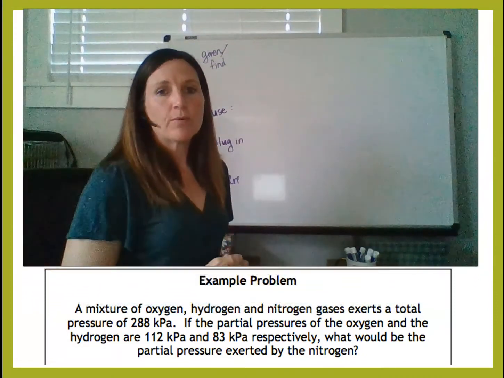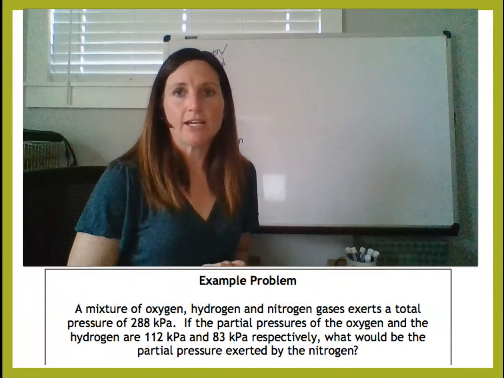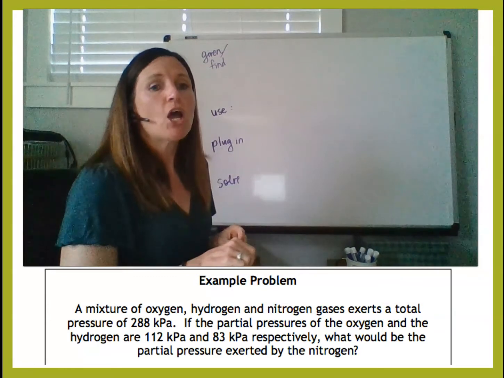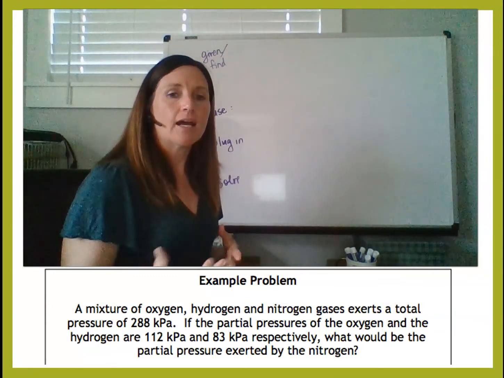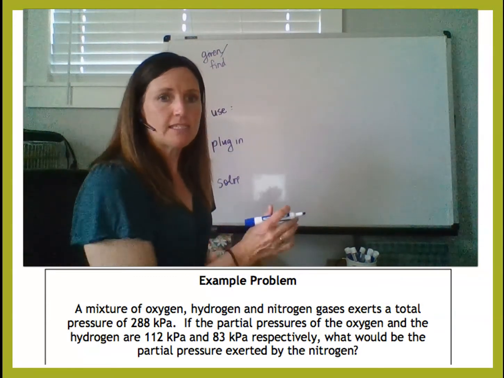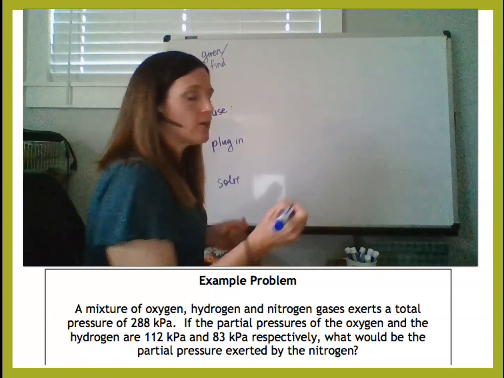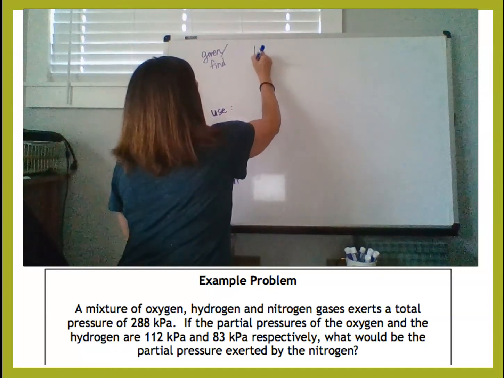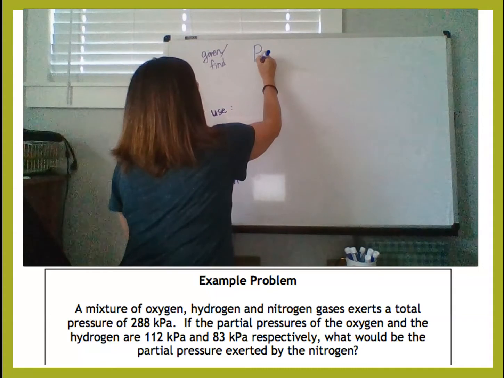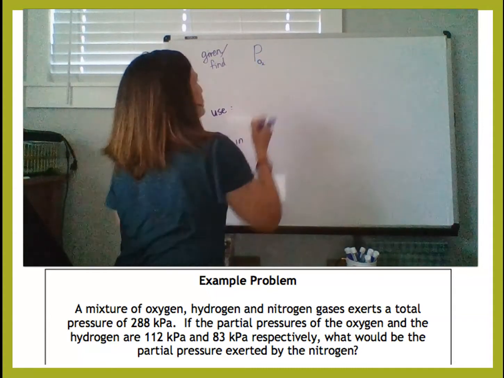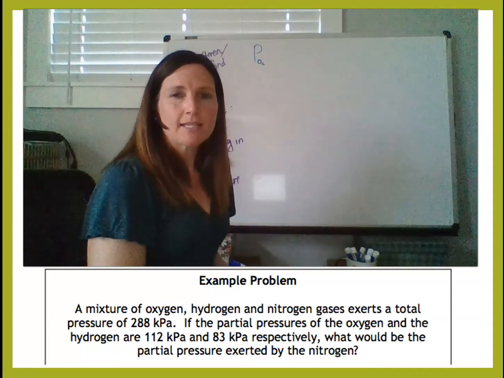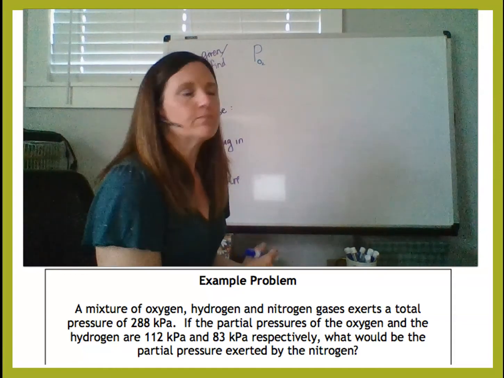So we start out with a mixture of oxygen, hydrogen, and nitrogen gas. The way that we're going to identify these different things is we're going to call them each pressure. So if it's pressure for oxygen, I'm going to put a P with a little sub O2, pressure due to oxygen gas. If you don't put the 2 there, that's okay.